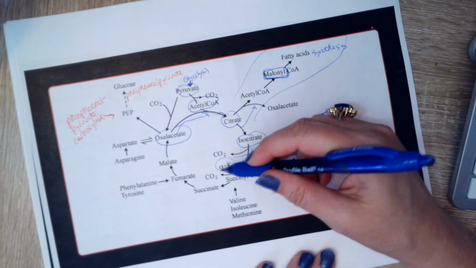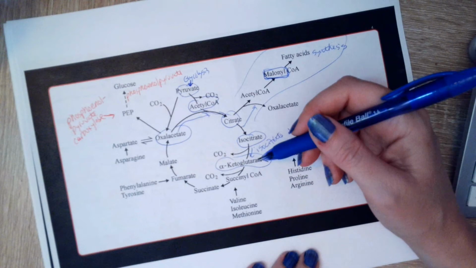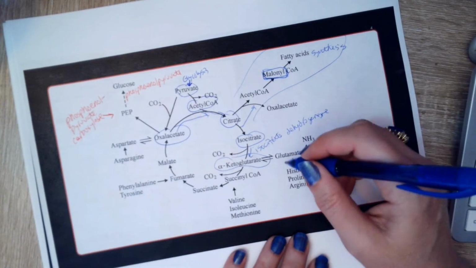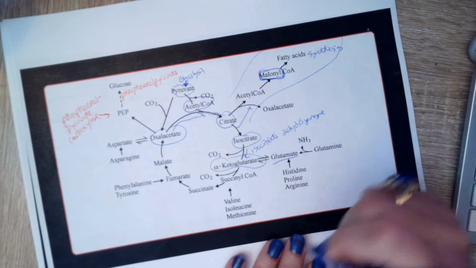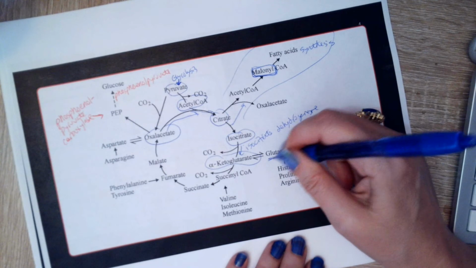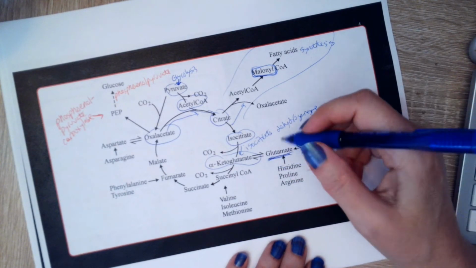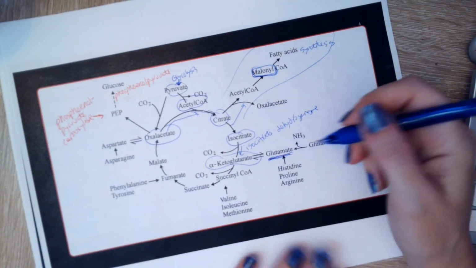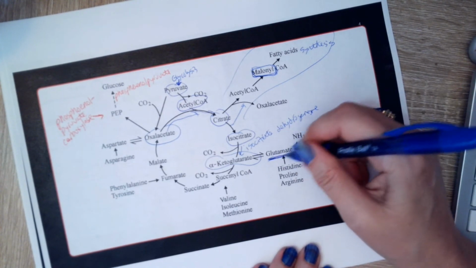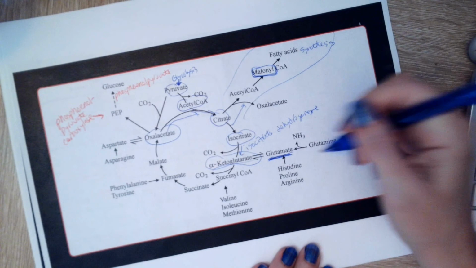So when we look at alpha ketoglutarate, we know that we can interact that with glutamate. We saw that in the malate aspartate shuttle as well, where we are taking an amino acid and just exchanging it, transaminating from one molecule to another.